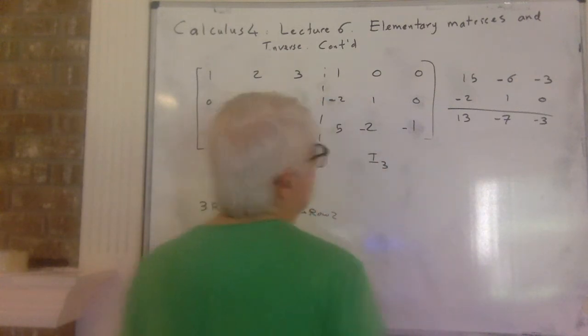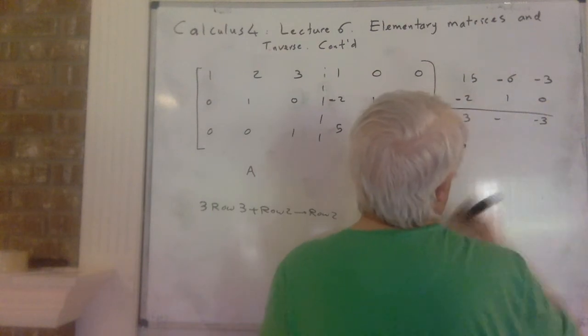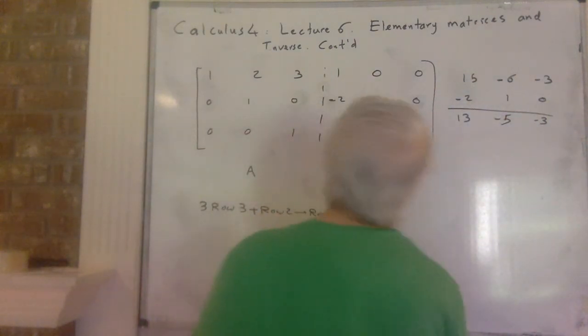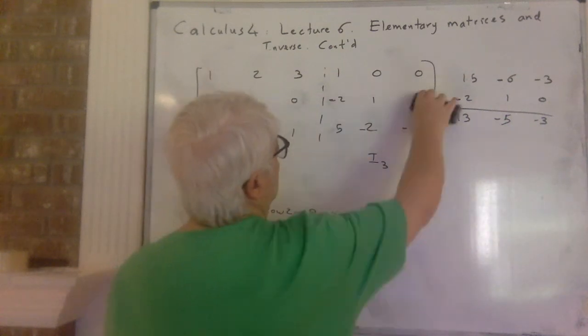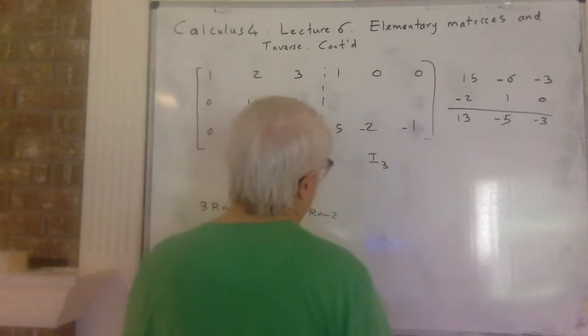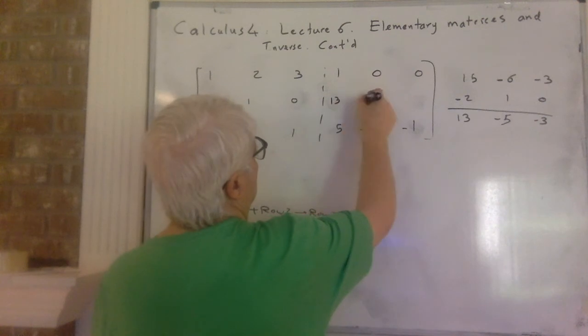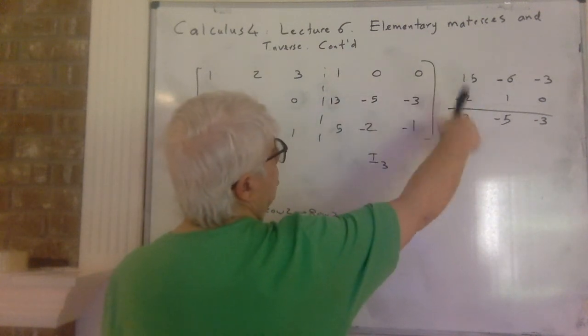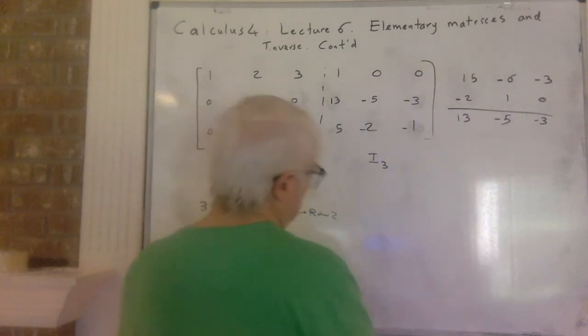So that is the second row, 13, minus 5, minus 3. Right, let me double check. 13, minus 5, minus 3, okay.